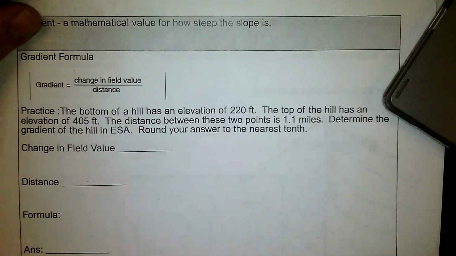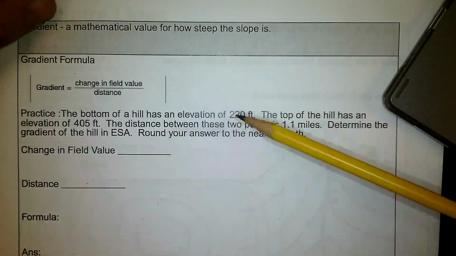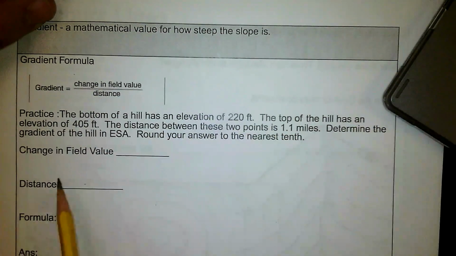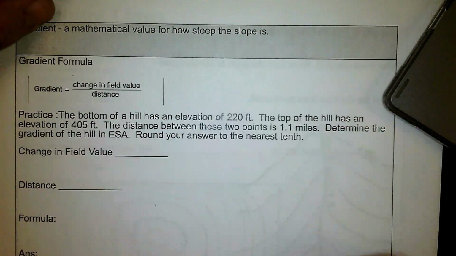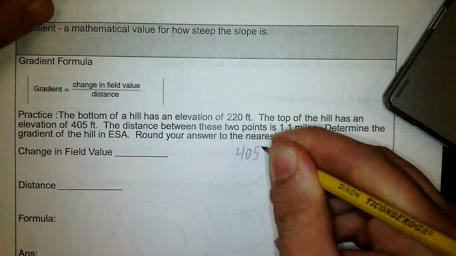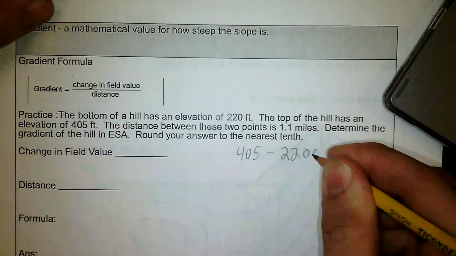All right, so let's take a look at it. According to this, the bottom of a hill has an elevation of 220 feet, and the top is 405 feet. To get our change in field value, we're going to have to subtract these two numbers. So right over here, I'm going to write 405 minus 220 feet.